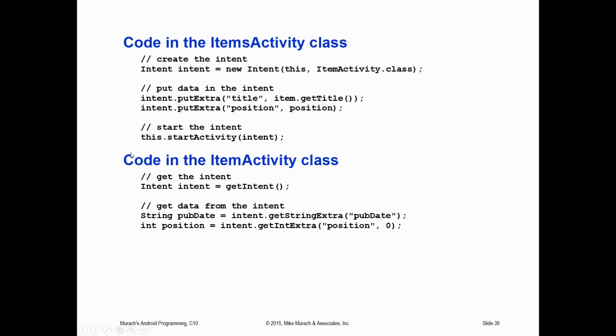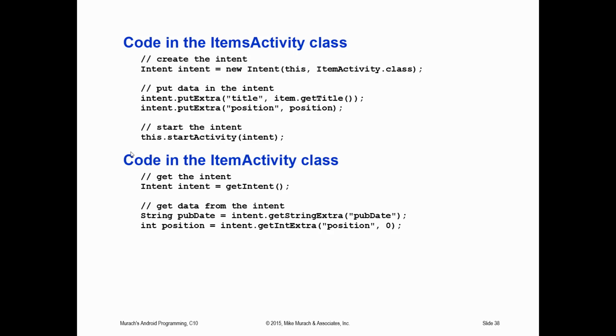So the next thing that's discussed are intents. There's a lot of different words in here, and if nothing else, if you understand the terminology, you're on your way to understanding this. So in the newsreader app, the items activity displays a list of items.